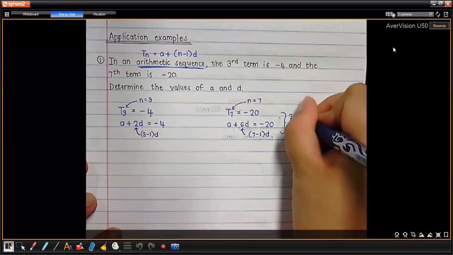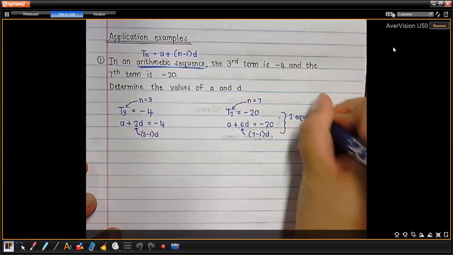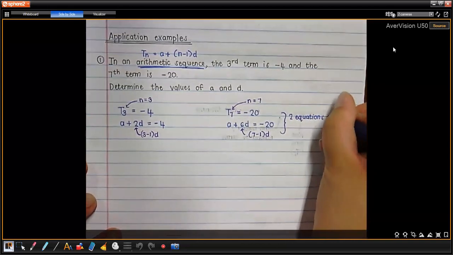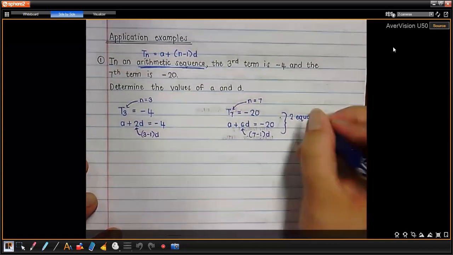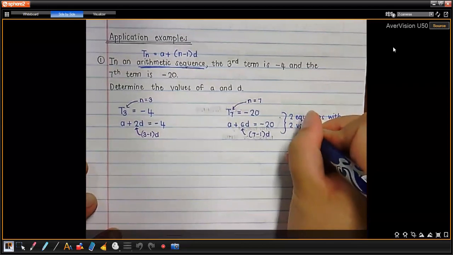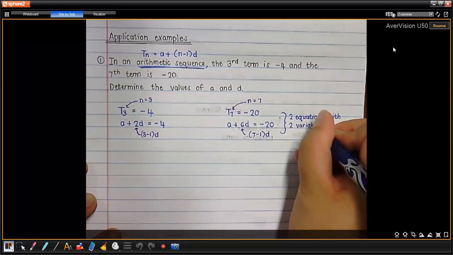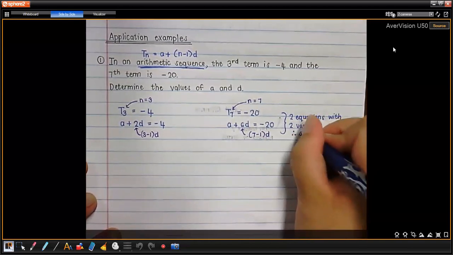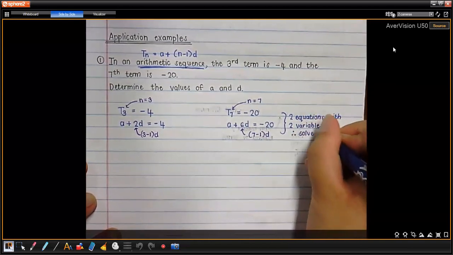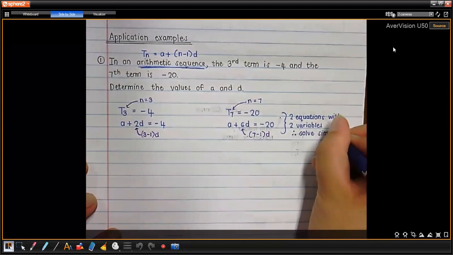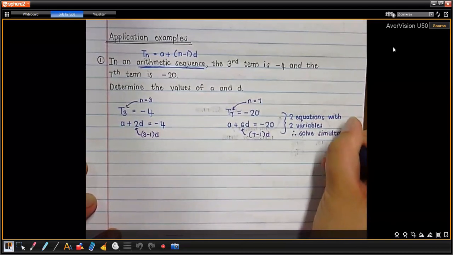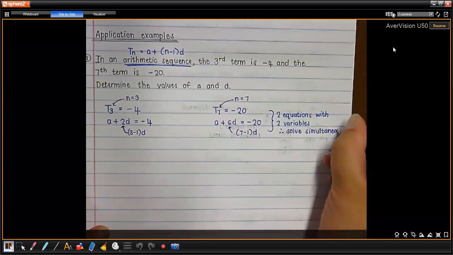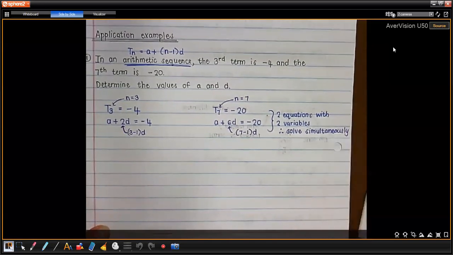Two equations with two variables, we solve simultaneously.